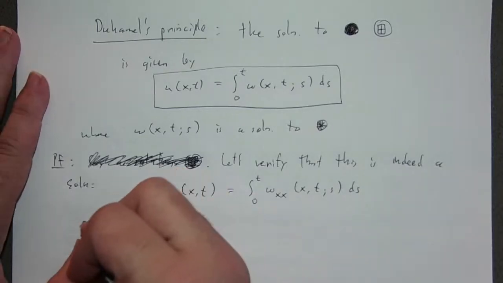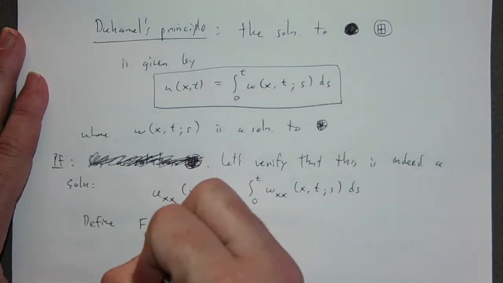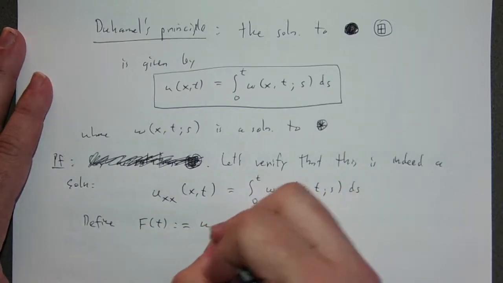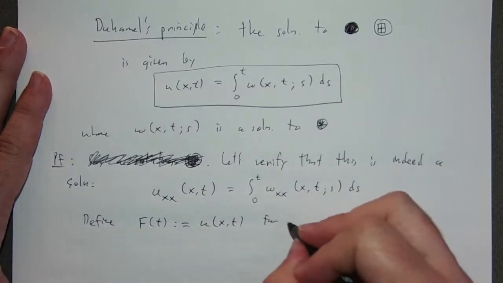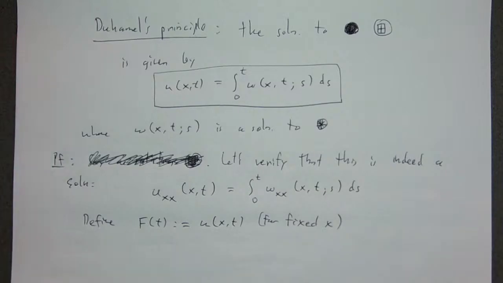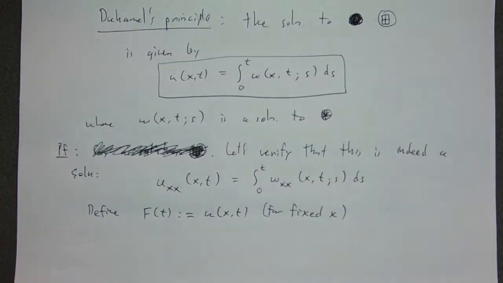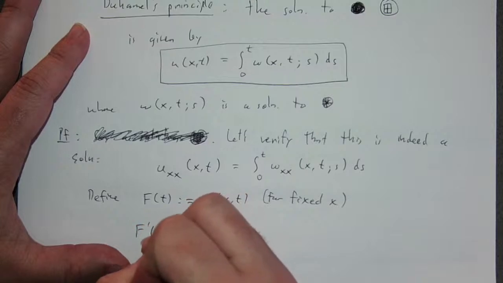Now define big F of t to be my function u(x,t) for fixed x. So for some fixed x, define big F of t to be u(x,t). And I want to compute big F prime.